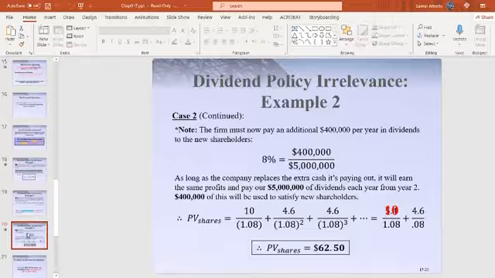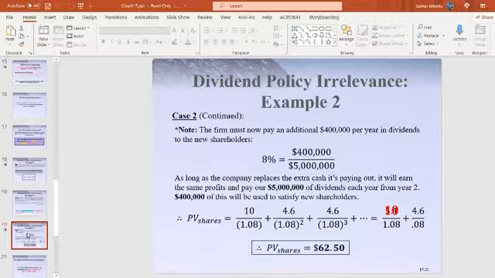By the way, there is a typo in the slide. Please fix it. It should be 10, because this is the amount of dividend we are paying at the end of the first year. We are paying 10 million for 1 million shares. What is the dividend per share? It is $10 per share. So the present value of the dividend is 10 divided by 1.08.